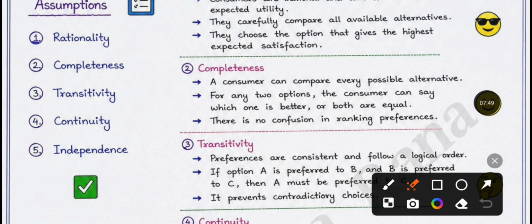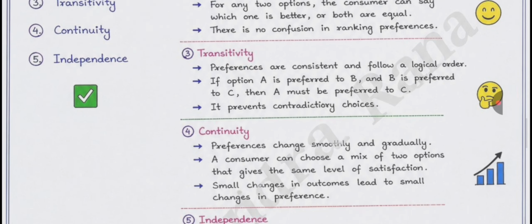This is the actual meaning of completeness. The third one is transitivity. Transitivity means preference remains constant. If a consumer prefers tea over coffee and coffee over milk, then they should also prefer tea over milk. This is called transitivity.